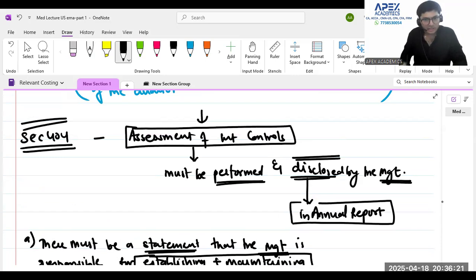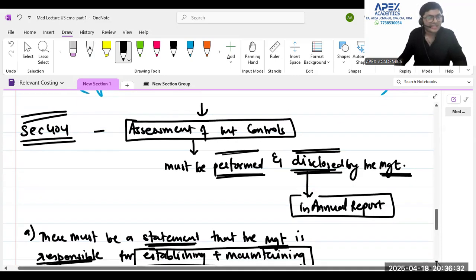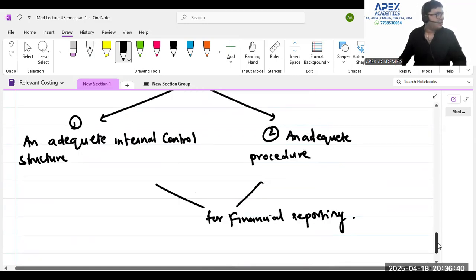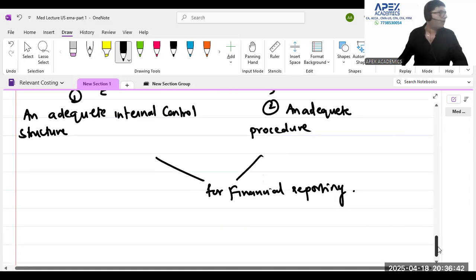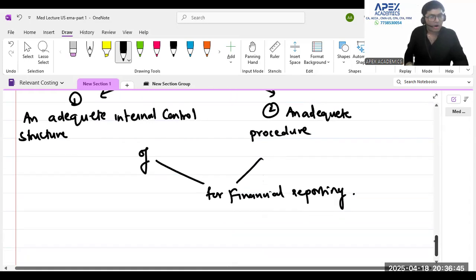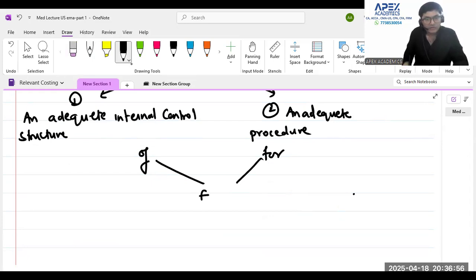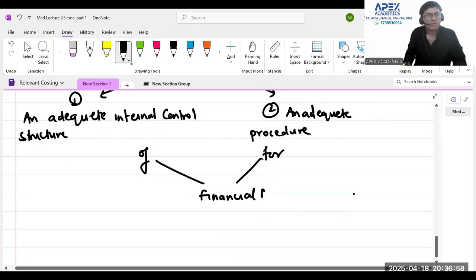The assessment must be performed and disclosed by the management in the annual report. There must be a statement that the management is responsible for establishing and maintaining an adequate internal control structure and an adequate procedure for financial reporting.